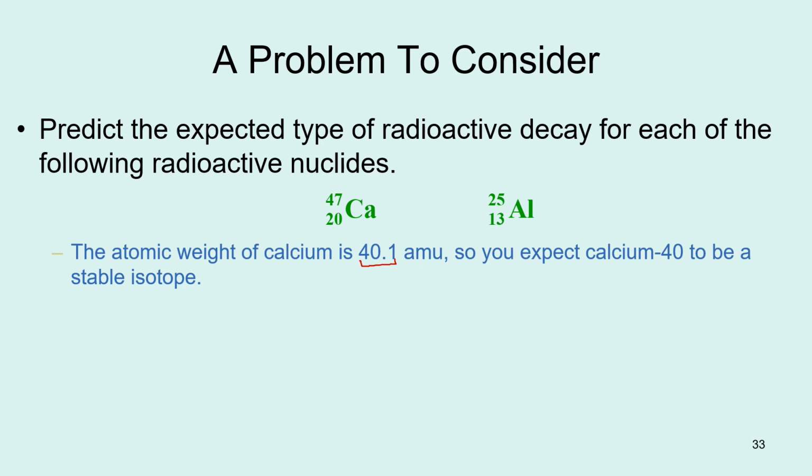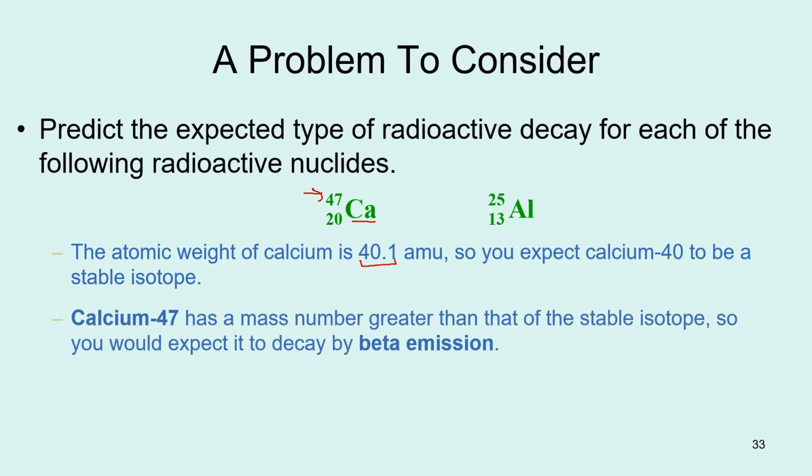If we compare this number, 47 is way bigger than 40, and the number of protons obviously can't change because it's calcium. So this calcium has way too many neutrons. It has more neutrons than it should have. So it's to the left.